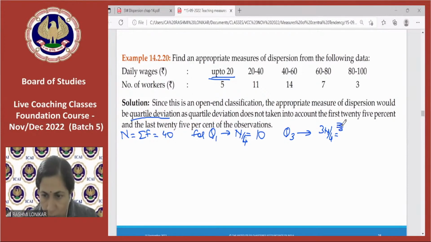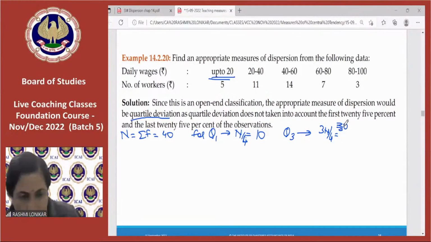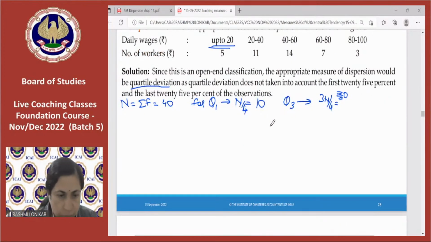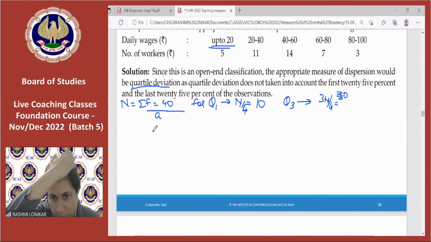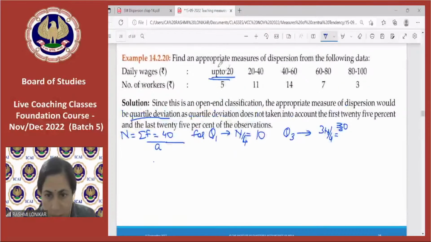So I find the less than cumulative frequency and then find the measure of dispersion. I just write down A because I don't know the class boundary. The second class boundary will be 20. Also remember, while you are doing this sum, just check.